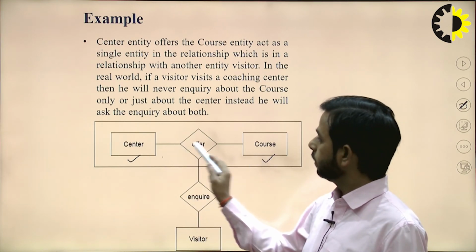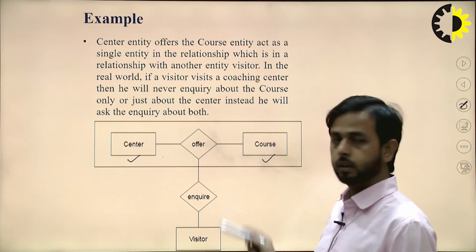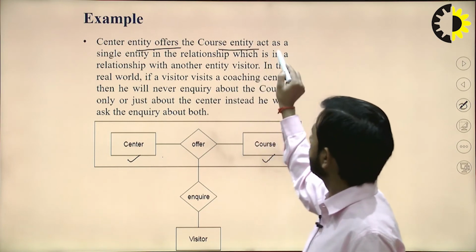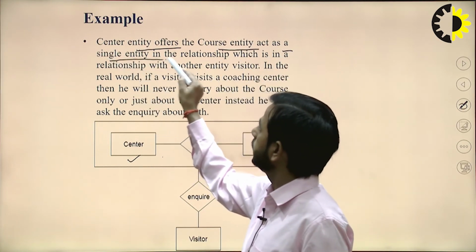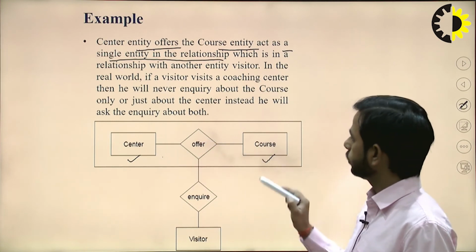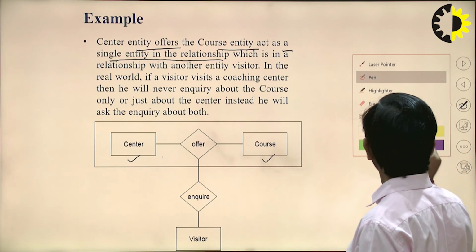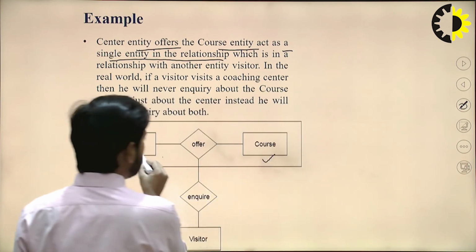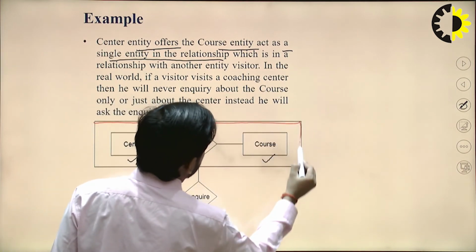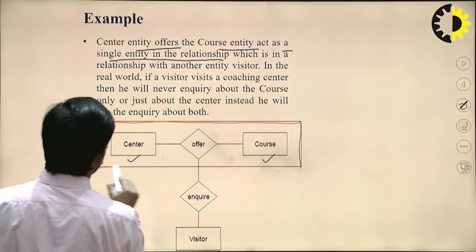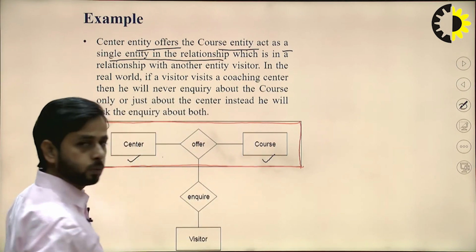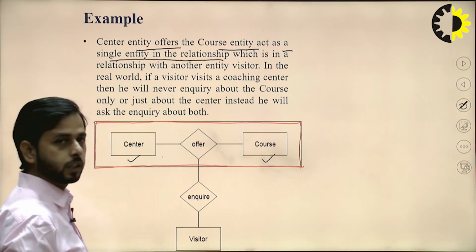He inquires about both. So the center entity offers the course entity, acting as a single entity in the relationship. Center entity is related with course entity through the offer relationship.